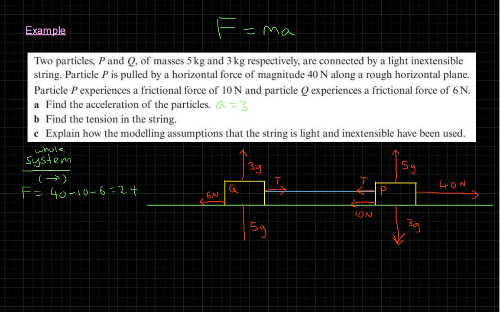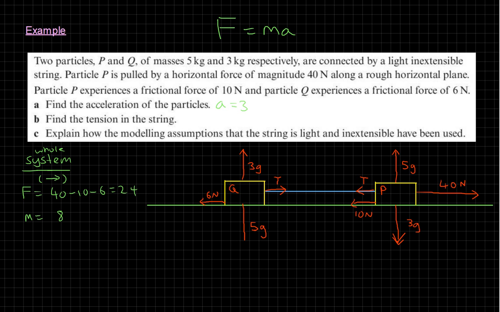And then similarly, what is the mass of the whole system? The m is 8, because we've got 5 plus 3. If we're talking about mass, it's just 5 plus 3, which gives me 8.